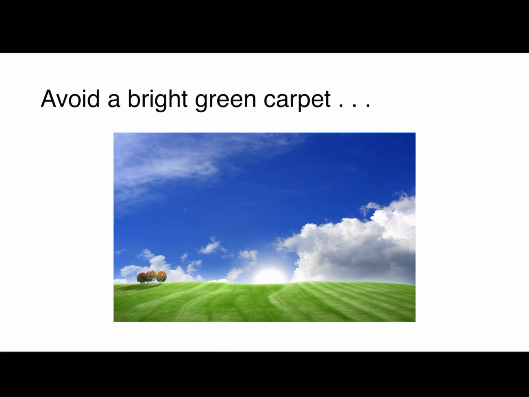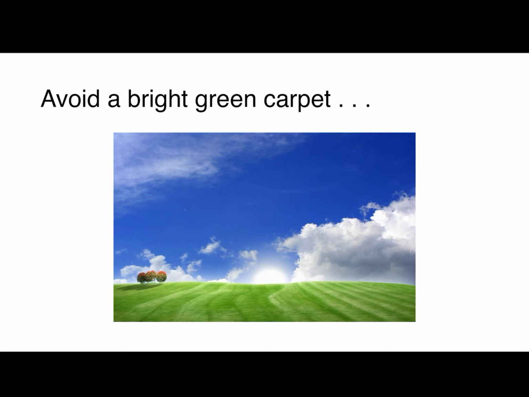So if we look at this image and ask ourselves what's missing from the concepts of atmospheric perspective that we just learned, we can see that there is no change in color, there is no brighter to duller, no darker to lighter on that ground. That grass is the exact same color green from the front to the back.